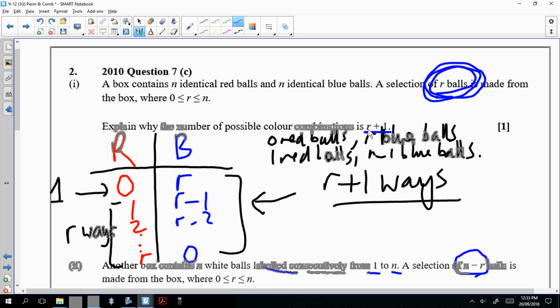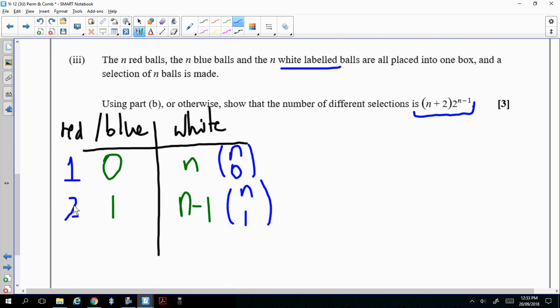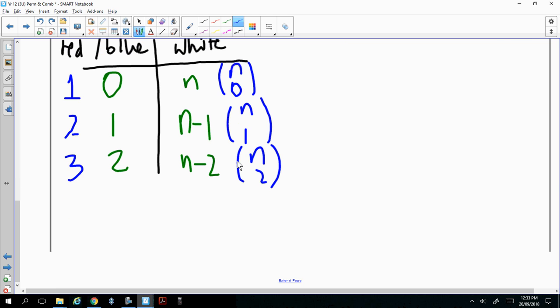Okay, so let's keep going. You could have 2 red or blue balls. There will be 3 ways. In that case, there will be n minus 2 white balls and nC2 ways. And then all the way to n red and blue balls, n plus 1 ways, and that will be nCn ways, with 0 white balls. Okay, something like this. So to get the total number of ways, you get a series.